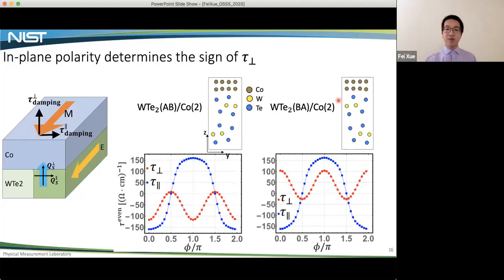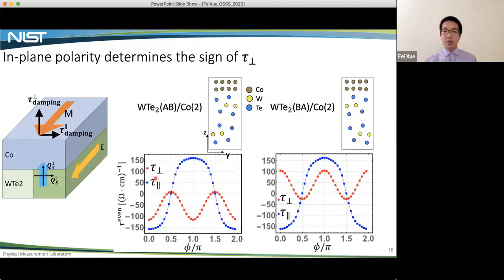And we expect from the symmetry that the out-of-plane torque shown in this geometry will be opposite due to the nature of the symmetry. And it is indeed the case. Here we scan the magnetization in the xy plane to make it simple.